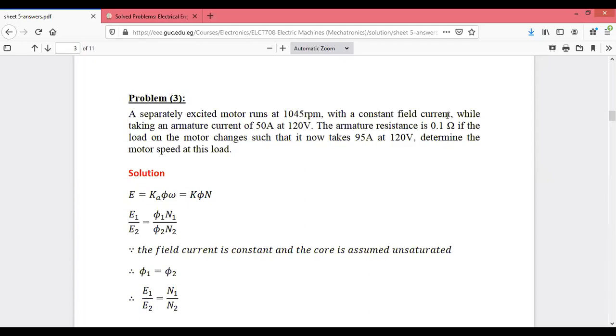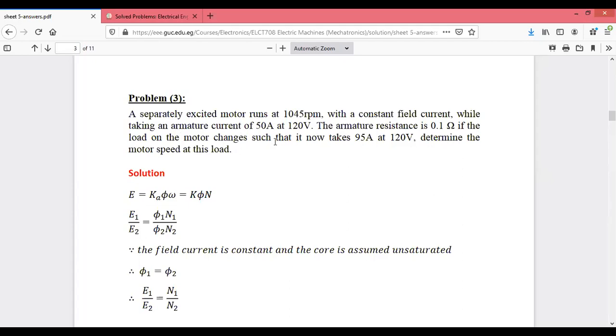With constant field current, that will be IF. Armature current IA is 50 ampere at 120 volt, they have given input voltage as 120 volt. The armature resistance is 0.1 ohm, RA.